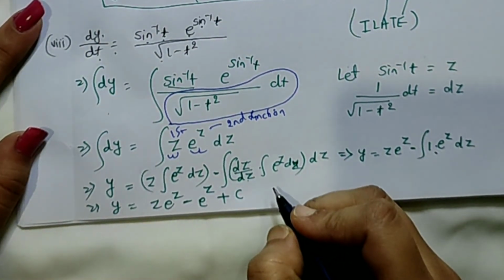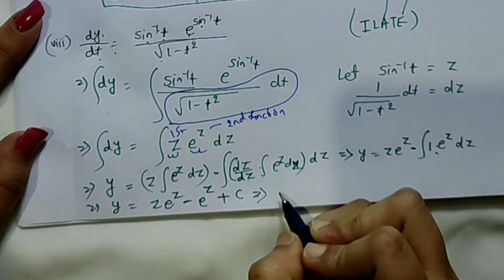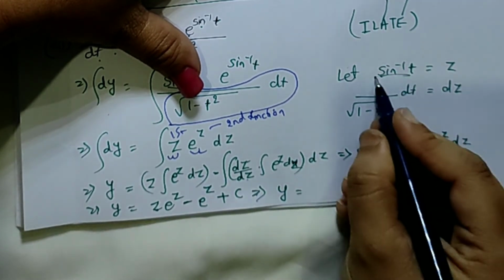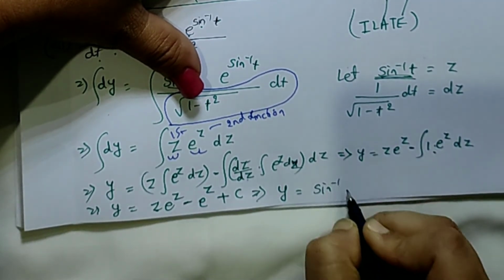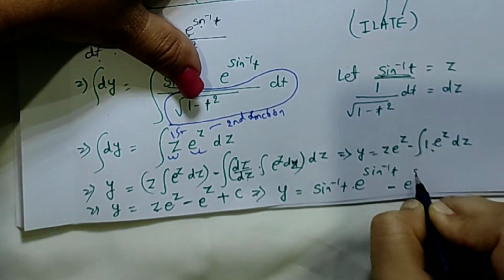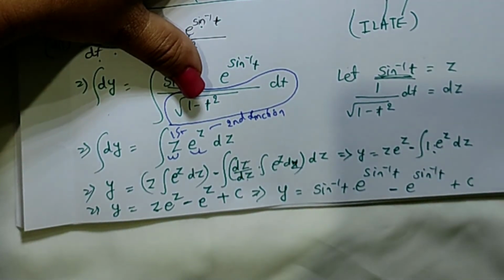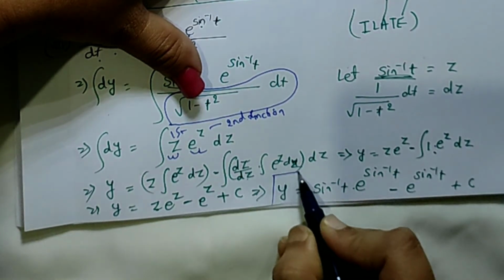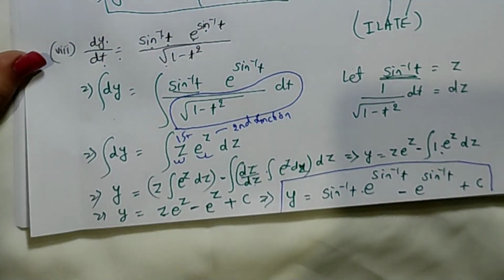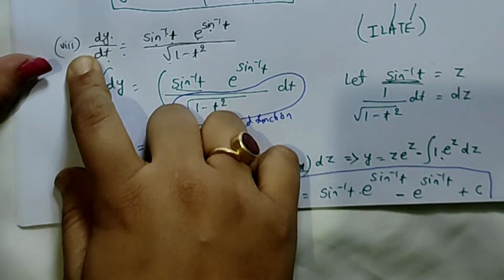Okay, implies that now back substituting I can get y is equal to, in place of z what I can write, sin inverse t into e power sin inverse t minus e power sin inverse t plus c, where c is the integrating constant. Now this is our general solution. Clear? Now this is the general solution of this differential equation.